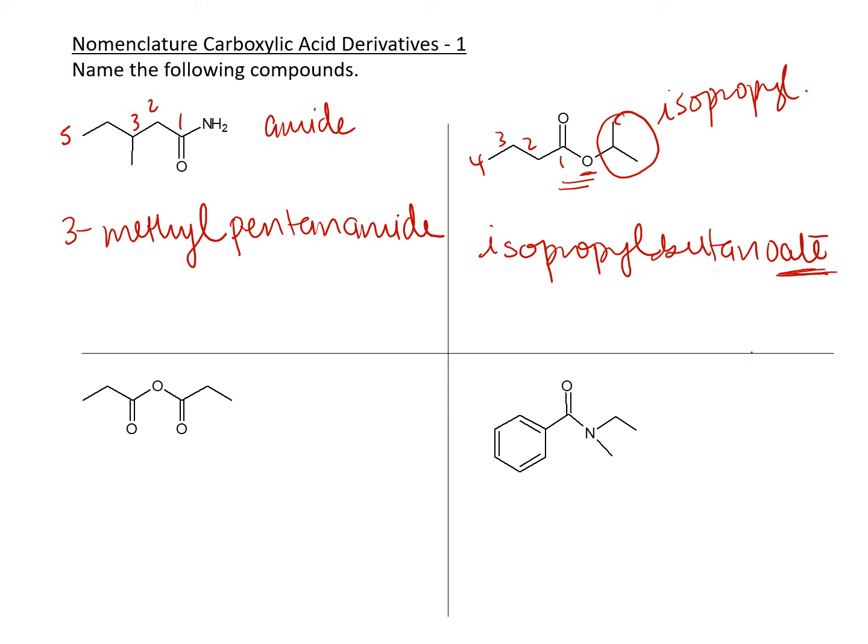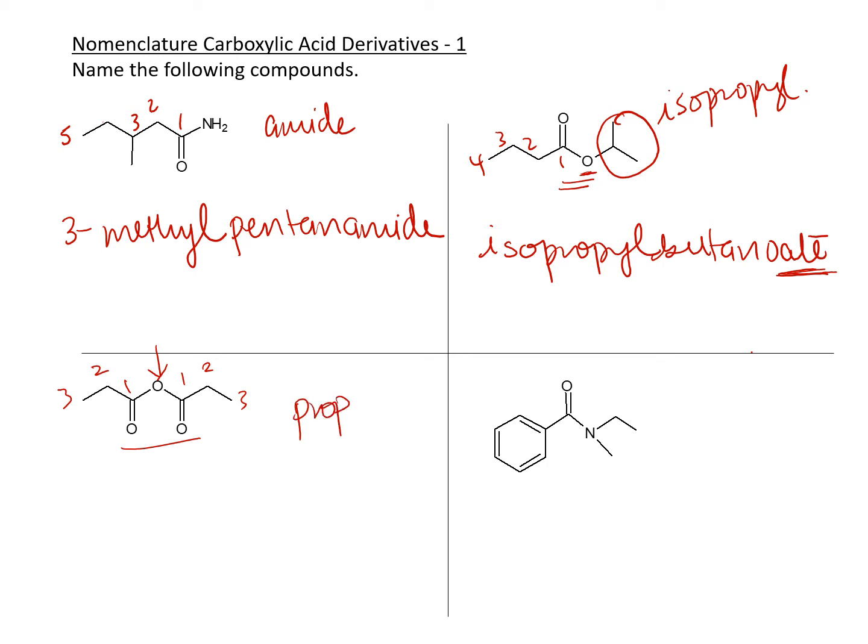All right, the next one that I'm looking at now is an anhydride. In the case of an anhydride, we don't do so much nomenclature, but some basic stuff. Here I have 1, 2, 3, so a 3-carbon fragment on both sides of the oxygen. I'm focusing on this oxygen, and on both sides I have 3 carbons, which means it's a prop- thing.